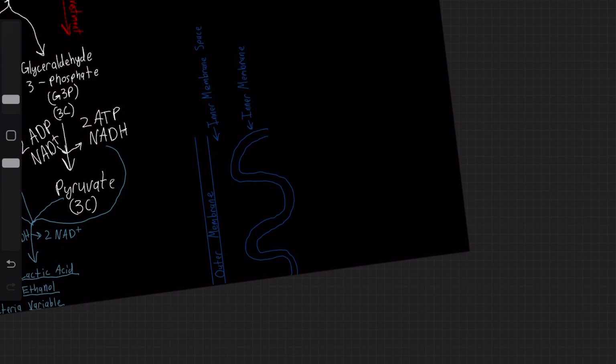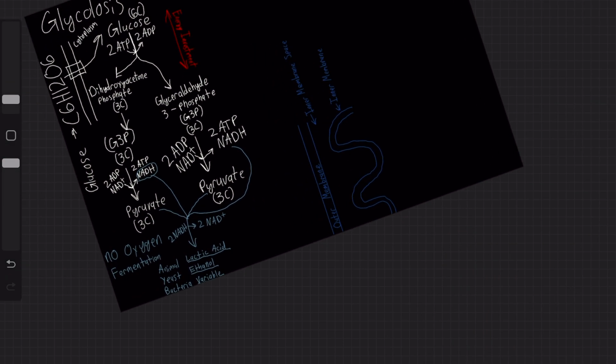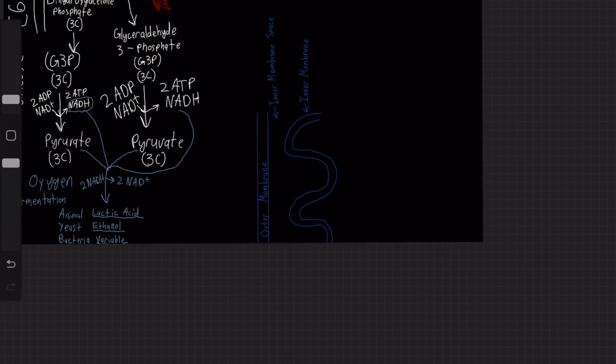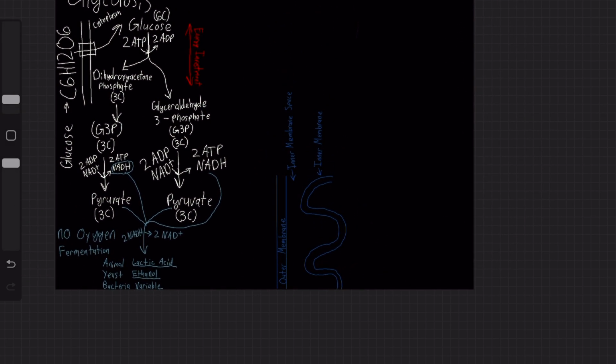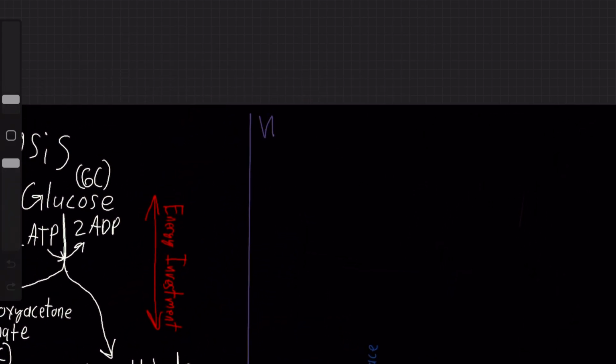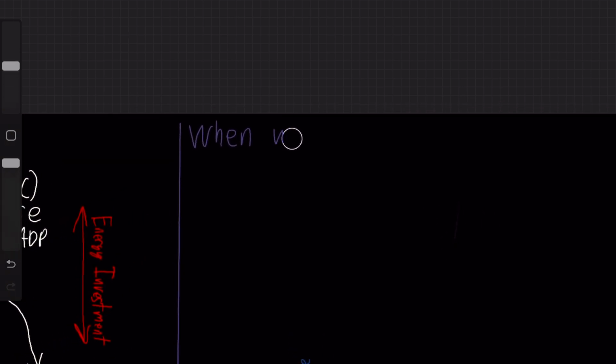But all we need to know is when we have oxygen. So I'm going to draw a line here. This is going to be when we have O2, which is oxygen.